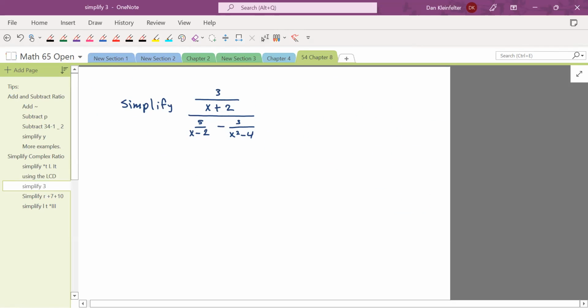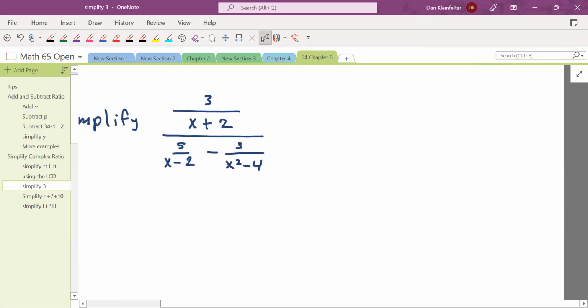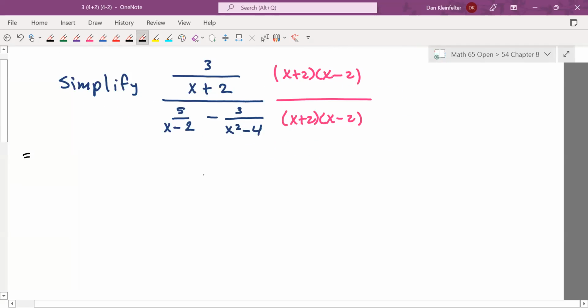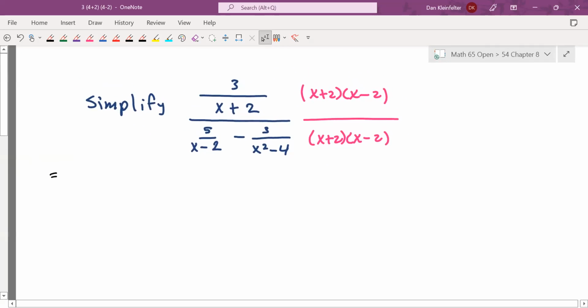All right, so here we'll multiply the numerator and denominator by the product, x plus 2 times x minus 2. Okay, and that's going to multiply into each of the terms in the numerator and denominator. For the numerator, you'll see that the x plus 2's will cancel.